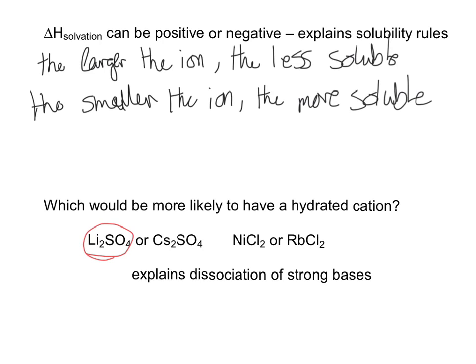That's because it has a smaller ion, so it's easier, more favorable for water to surround it. How about NiCl2 versus RbCl? So that one would be the nickel.